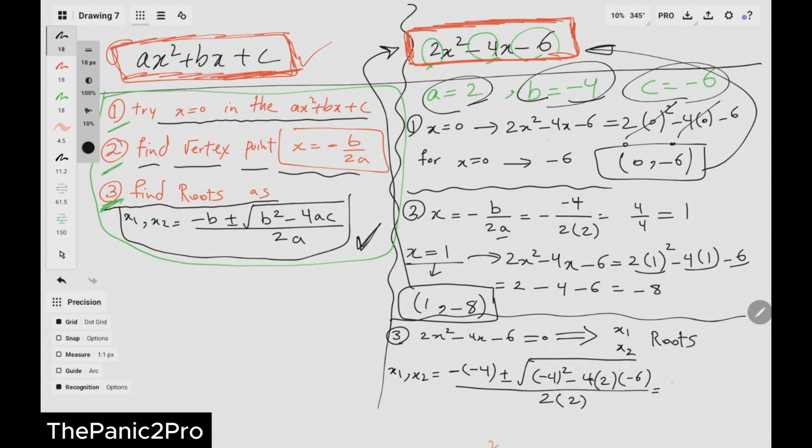I'm going to simplify that. Over 4. I'm going to simplify x1 and x2 as 4 plus or minus the square root of 16 plus 48, which is 64. So then it's going to be 4 plus or minus 8 over 4. So x1 is 3, x2 is -1.